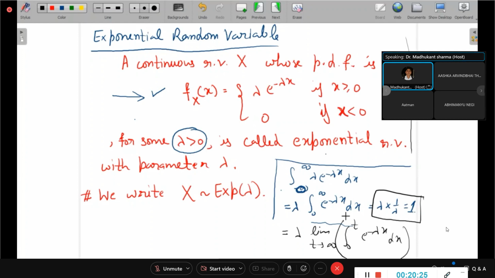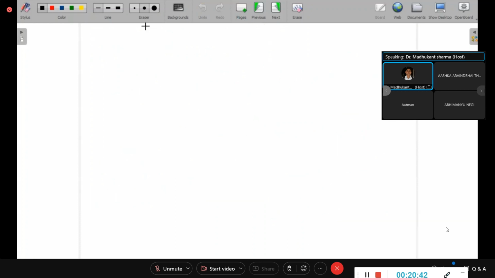Now let's see what the distribution function of this exponential random variable will be. We have seen the density function, so we can certainly find the distribution function. Let X follow an exponential distribution with parameter lambda, where lambda is greater than 0.